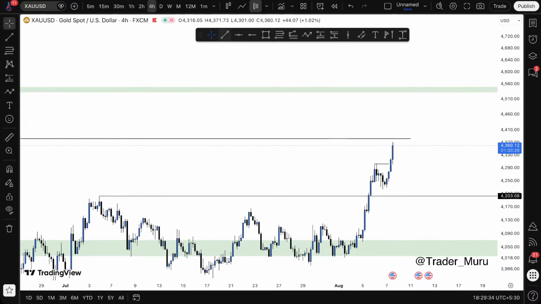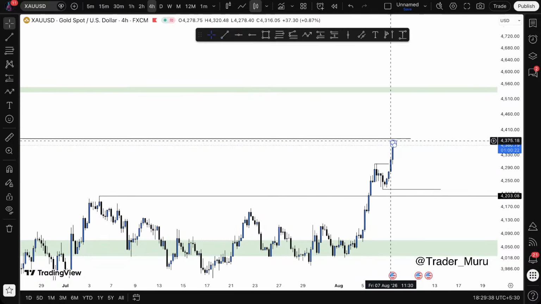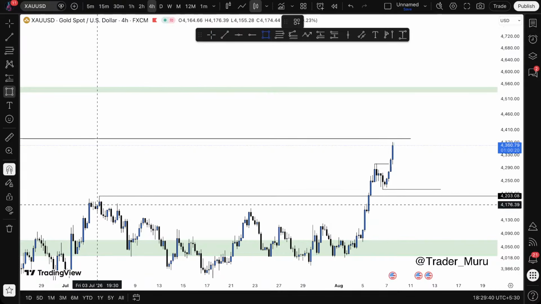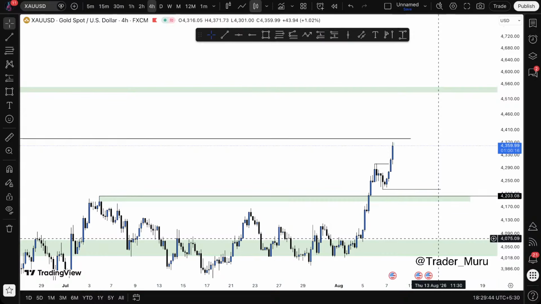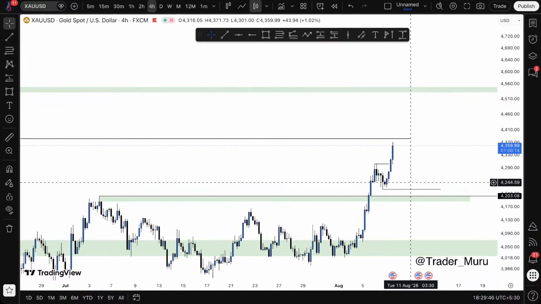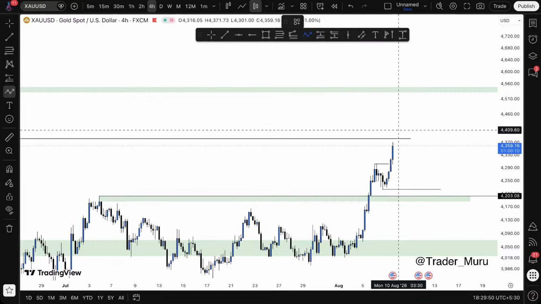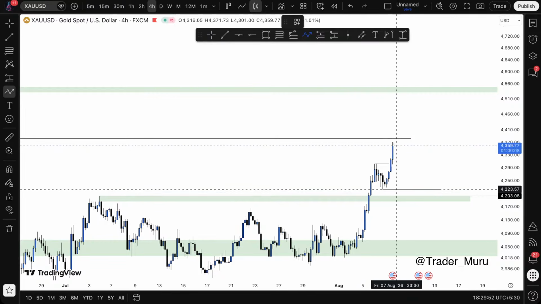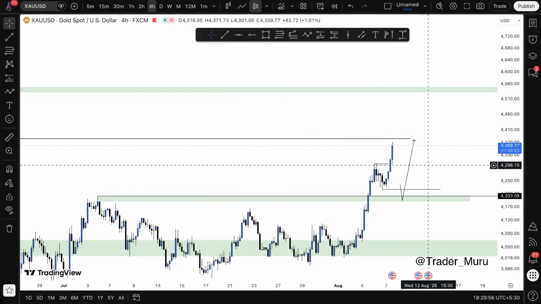NFP is extremely bullish for gold. So high probability, even if we get a drop from here, it will be like this one.